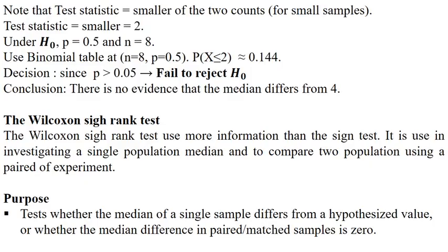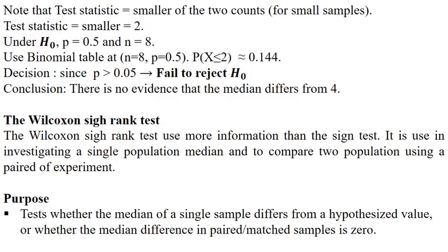Our p-value, which we get from the binomial table at n is 8, p is 0.5, P of X less than or equal to 2 is 0.144, which is greater than 0.05. Then we fail to reject our H0, and we conclude that there is no evidence that the median differs from 4.